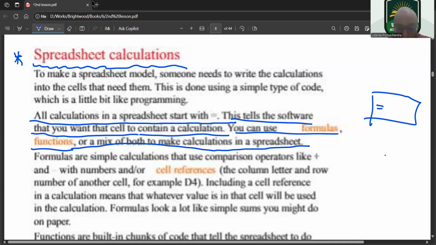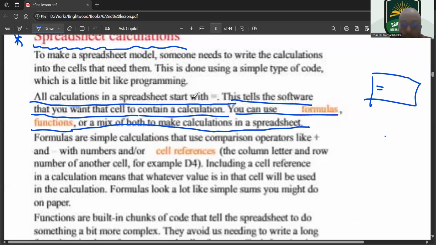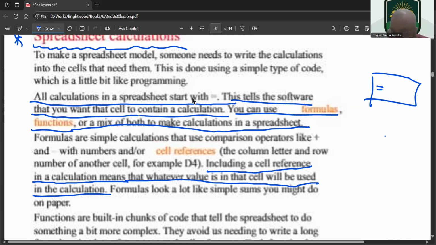Including cell references in the calculation means that whatever value is in that cell will be used in the calculation. This is very important. When you click on that reference, whatever value is there can be used. Write down that underlined part also.